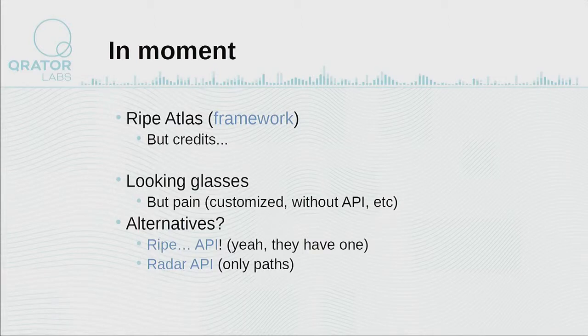But the main problem with RIPE Atlas is that it uses a credit system, so it can be used to find out the reasons and effects of a particular problem, but you cannot use it for constant, periodic network health monitoring.